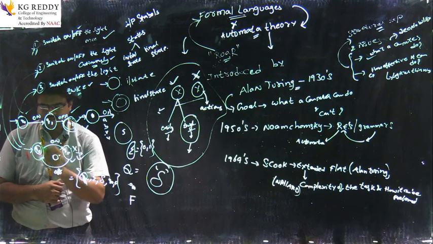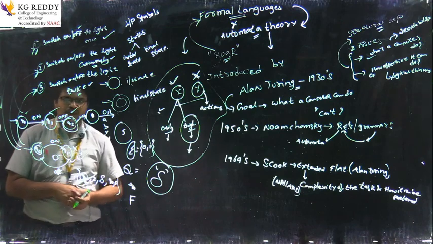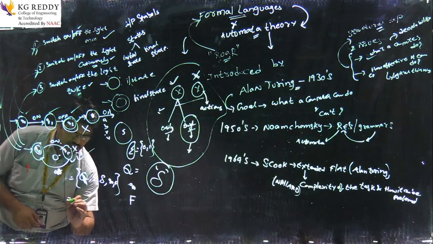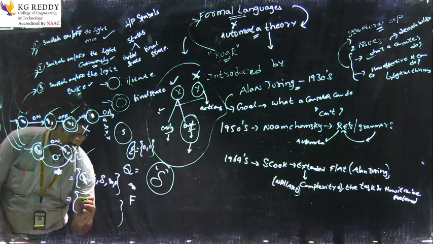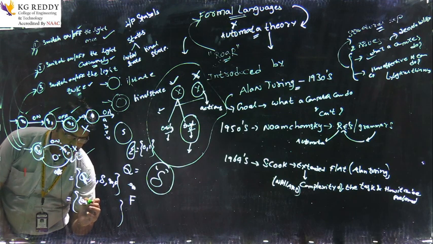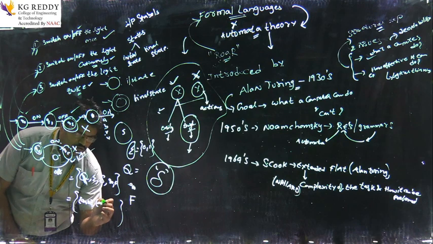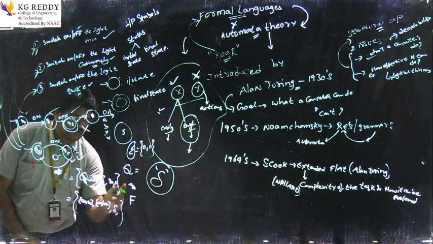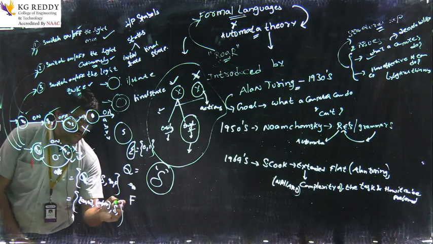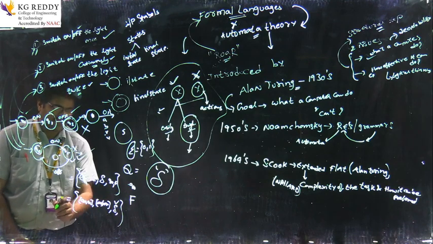For example, suppose this is the final state I have mentioned here. For this diagram, how do we represent it? What are the states? Q0 and Q1. What are the input symbols? On, off. The transition function is different in each and every diagram and it will be represented in the state table.